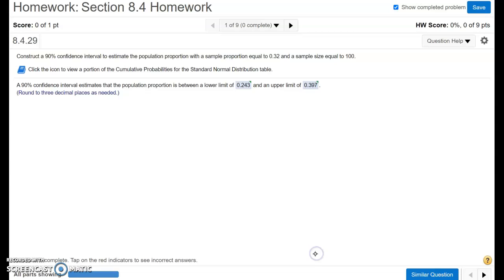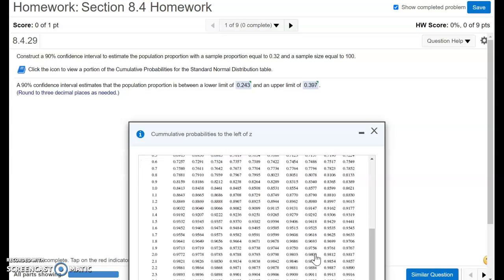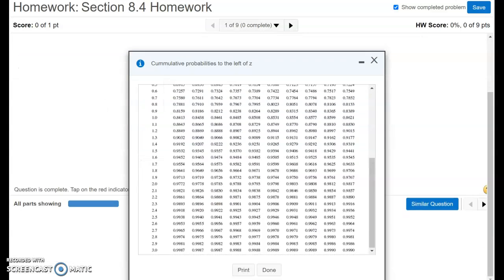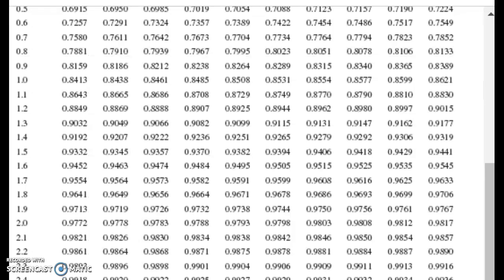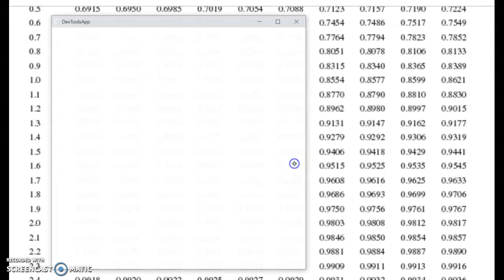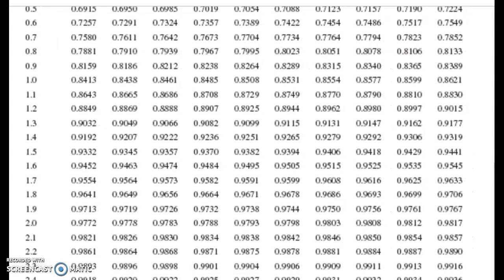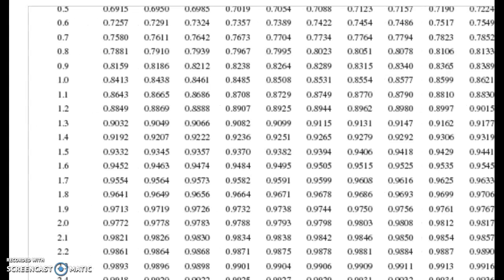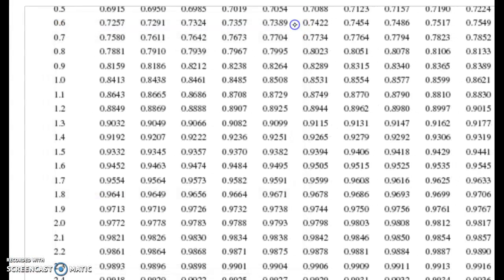So let's look it up. You may already know it, or you may use your cheat sheet that is in the PowerPoint slides, but 0.95 is going to be in between these two values right here, 1.64 and 1.65.